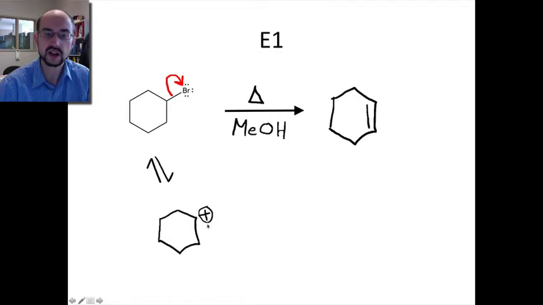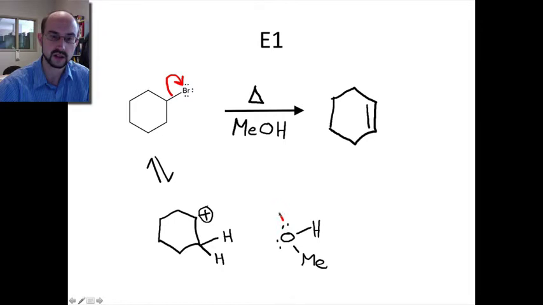This carbocation then has a couple protons adjacent to it. What can happen is the solvent, for example, can come along and pull one of those off. It can act as a Bronsted base. Pluck the proton off, and that bonding pair of electrons then is what forms the alkene bond.